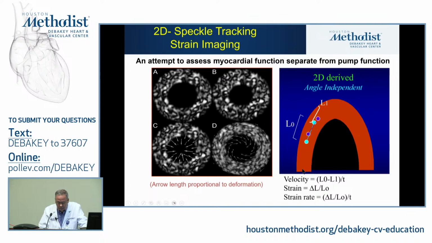And if you do that with a lot of pixels around the heart, you can then get this shortening of the deformation of the muscle from diastole to systole in several vectors, because the fibers are deforming in more than one vector.